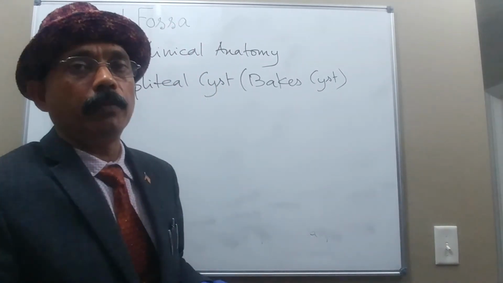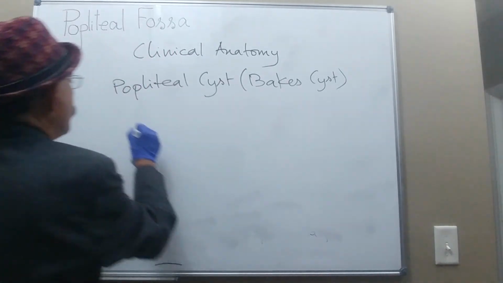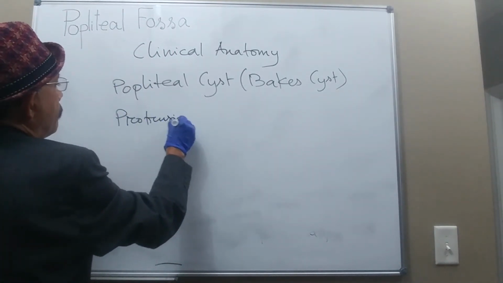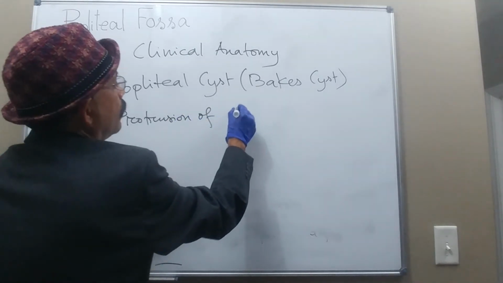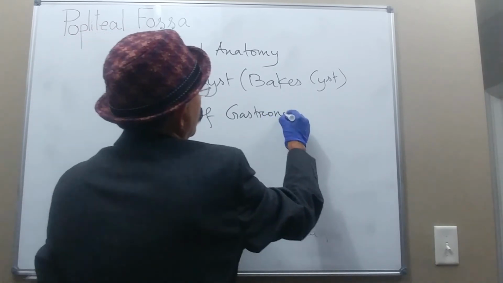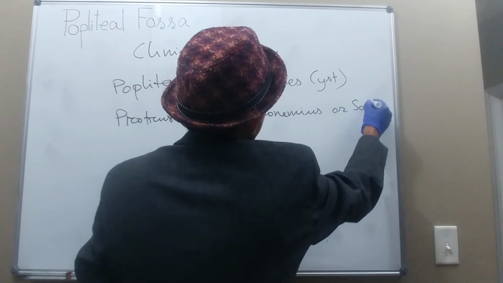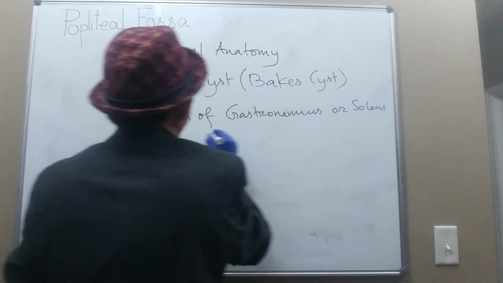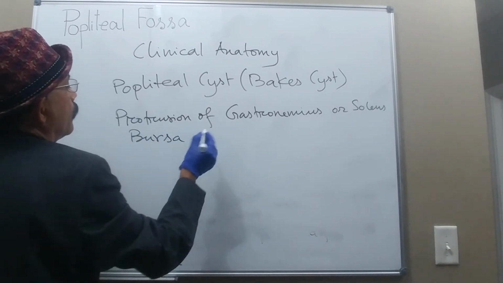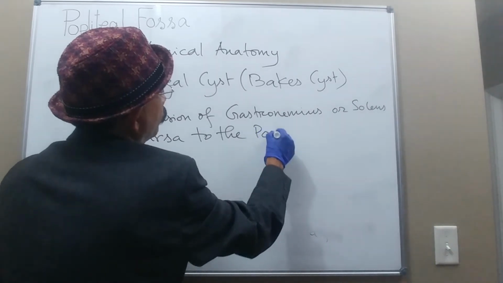These are the protrusion of the gastrocnemius or soleus bursa into the popliteal fossa.